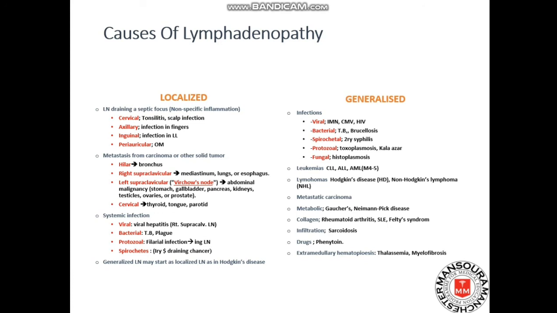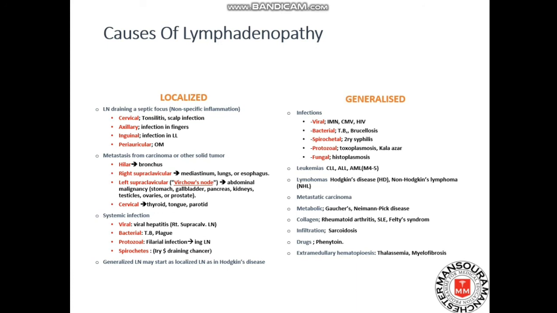Generalized causes of enlargement of lymphadenopathy: infection as viral infectious mononucleosis, cytomegalovirus, human immunodeficiency virus causing AIDS syndrome, bacterial as tuberculosis and brucellosis, spirochetal as secondary syphilis, protozoal as toxoplasmosis and Kala-Azar, fungal as in histoplasmosis.